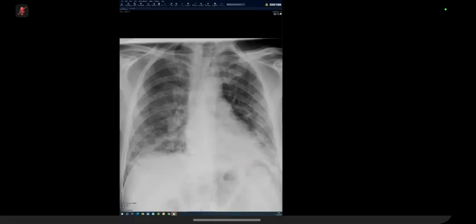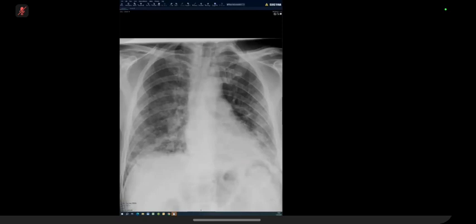I can't detect any pneumothorax. I can't detect any corresponding cavities in the upper zones. I can see that there are multiple opacities in the lower aspects of the both lungs. This can be pneumonia.